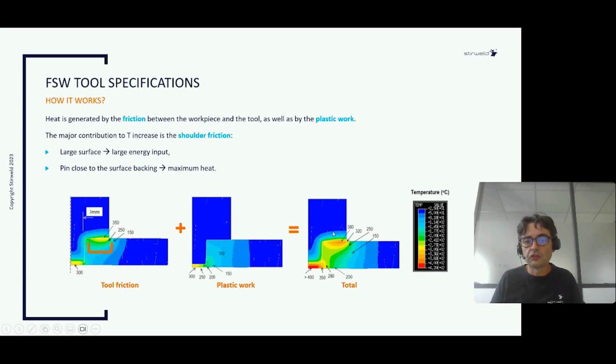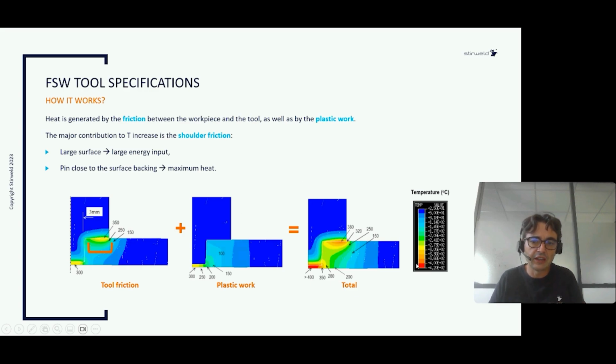The first learning: the optimum temperature is about 400 degrees C, and the hottest zones are under the shoulder and under the pin. Now, if we look at the input energy, the main source of energy input is under the shoulder.